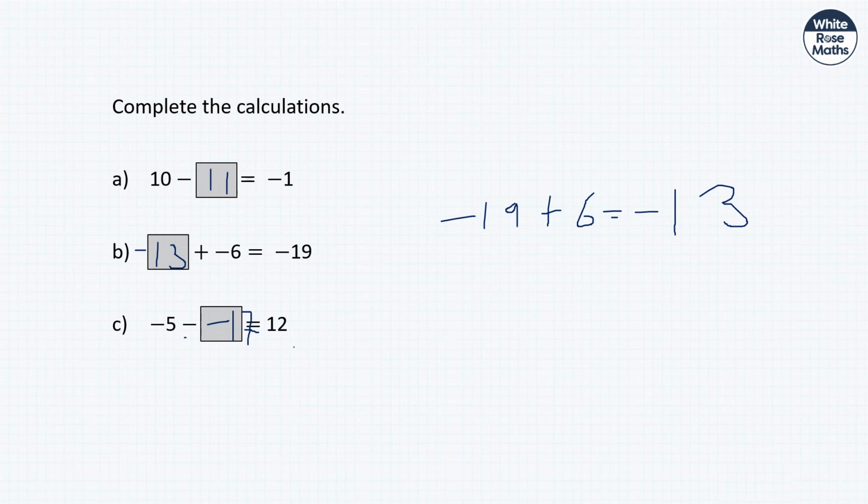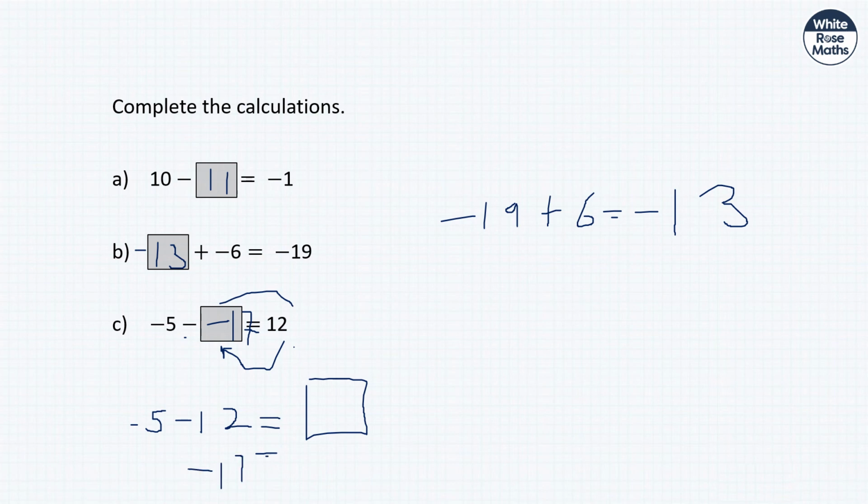The reason for that is, if I rearrange this, bring the box to this side and this to the other side, then I get minus 5 minus 12 is equal to the box. So it's equal to the unknown box. That gives you minus 17, so the box is equal to minus 17.